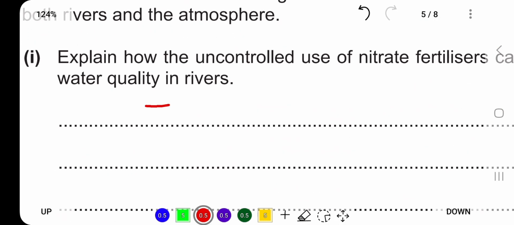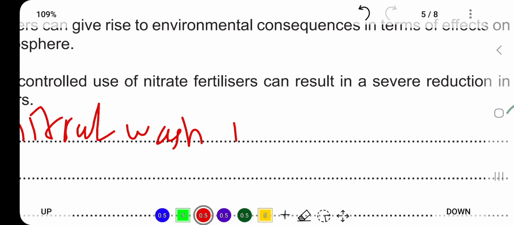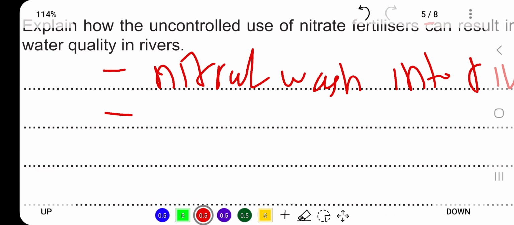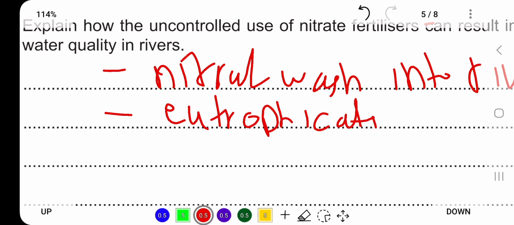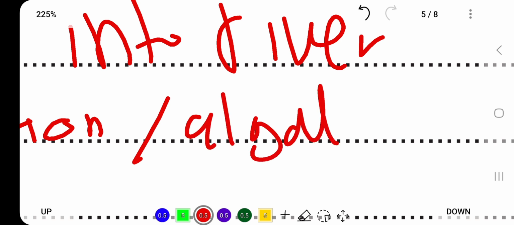So now you need to write the points. Nitrate into rivers. Now the process that happens is eutrophication, or you can say algal bloom instead.